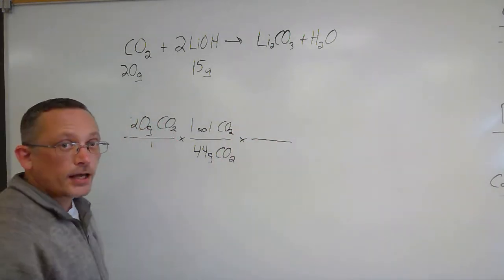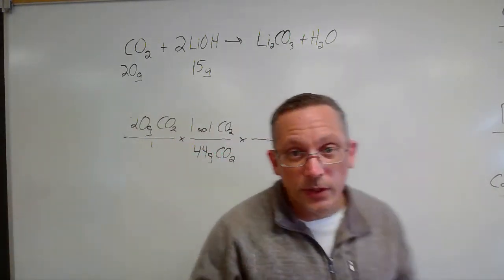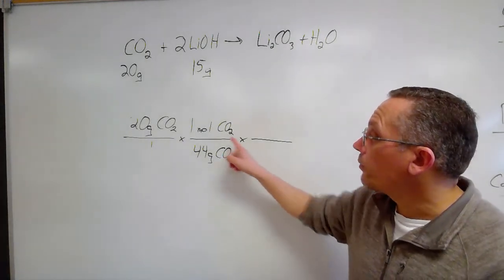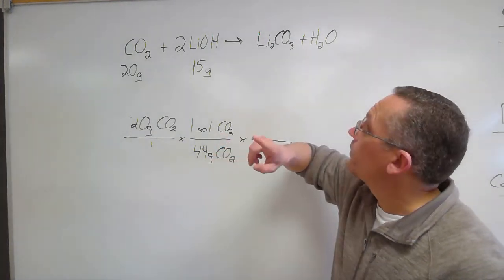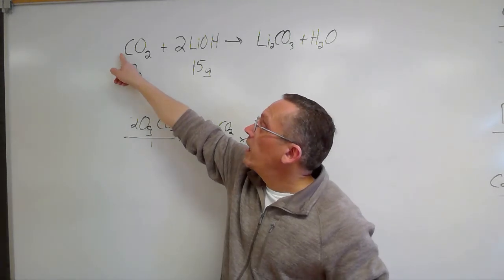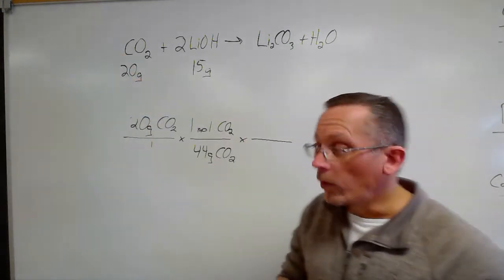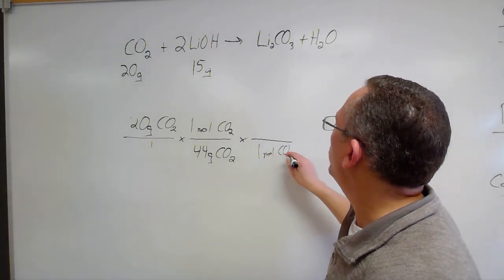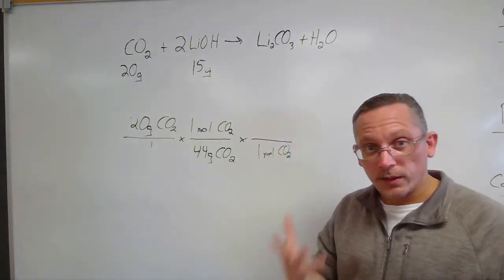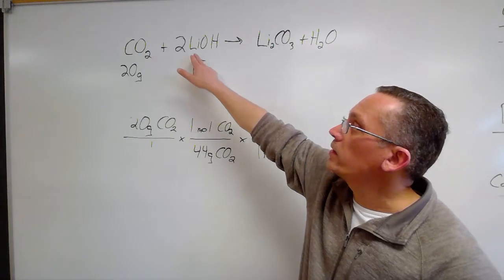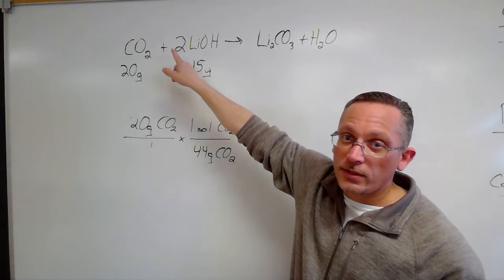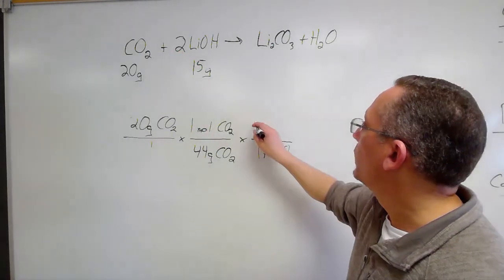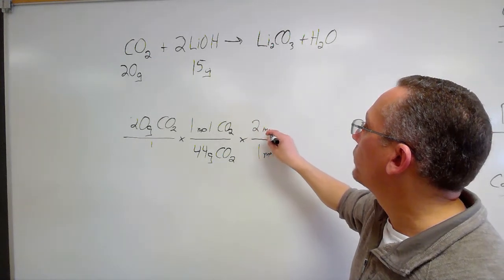In my third fraction, I'm going to go up to the chemical equation for the coefficients. On the bottom, I want moles of CO2, which is 1 mole, since there's no number there. And on the top, I want the other reactant, LiOH, and you can see there are 2 moles of LiOH.